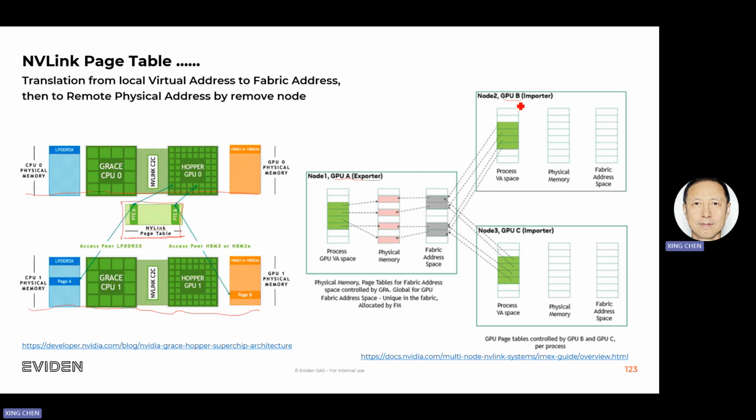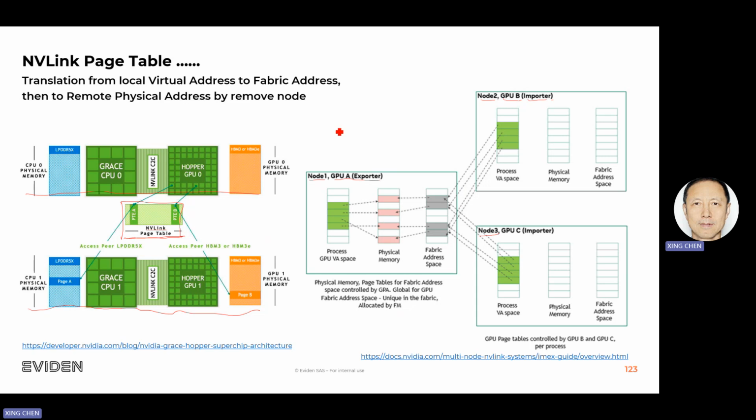So you have another GPU B, which is the importer. What we want to do is have GPU B access GPU A's memory. But remember here, this node 1, this node 2, and this node 3 are all one node.